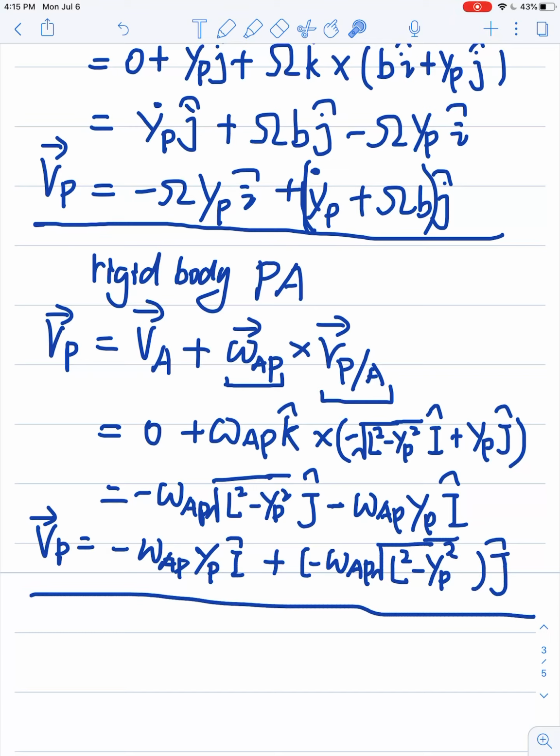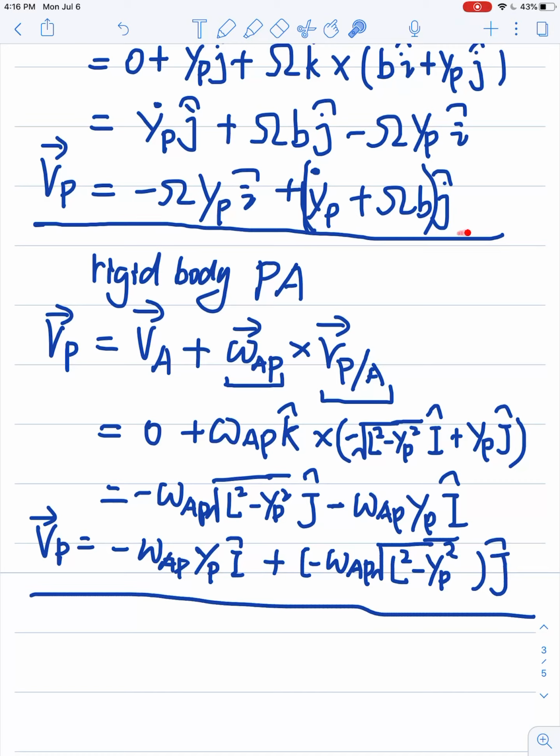One way to do this is to understand they're the same velocity vector. If they're both VP, then the right-hand side of this equation is going to equal this expression. But do not equate all the I and J components just yet.